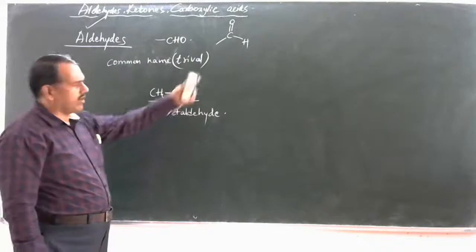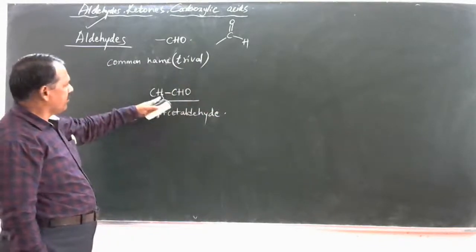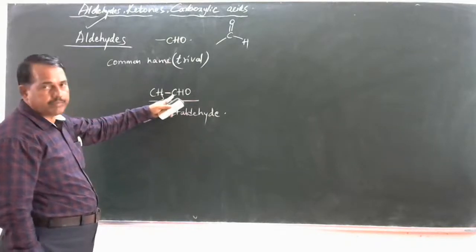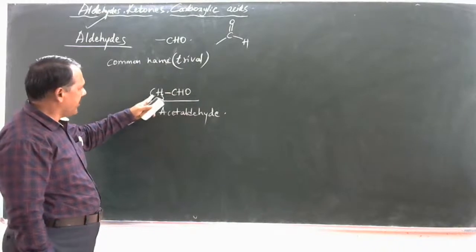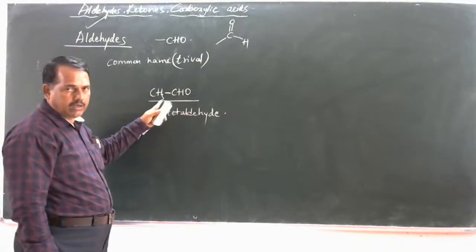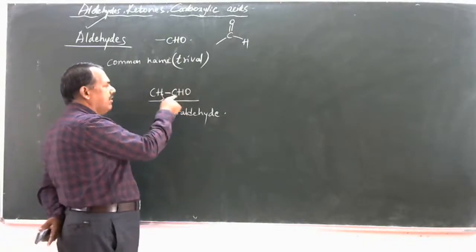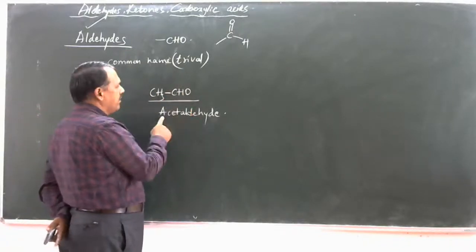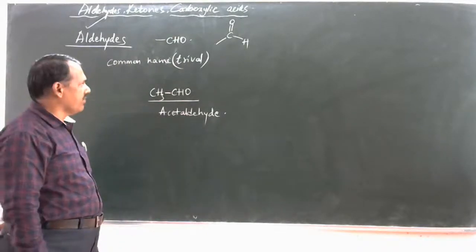See, we shall study IUPAC names later on. Here the functional group is attached to a hydrocarbon, methane, a derivative of methane. One of the hydrogen atoms is replaced by CHO, and generally we call this acetaldehyde. Its common name is acetaldehyde.